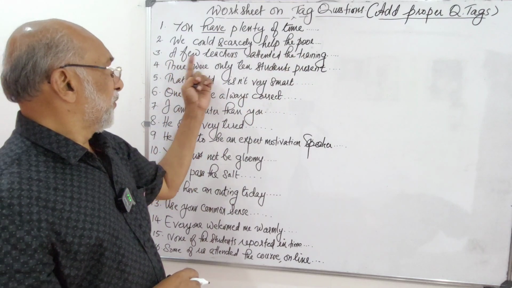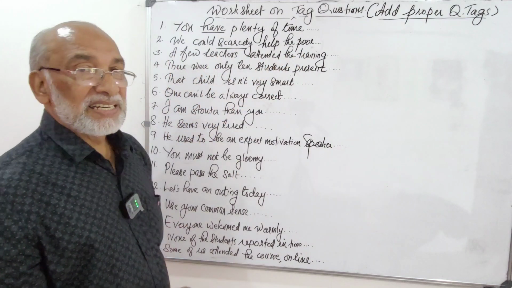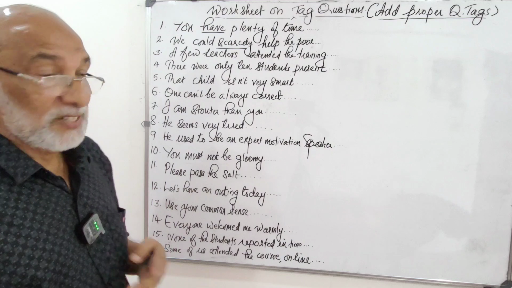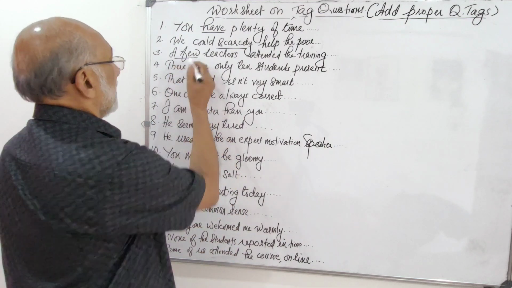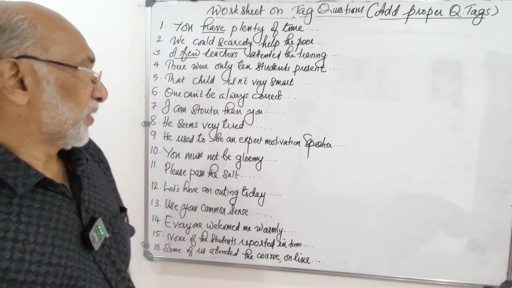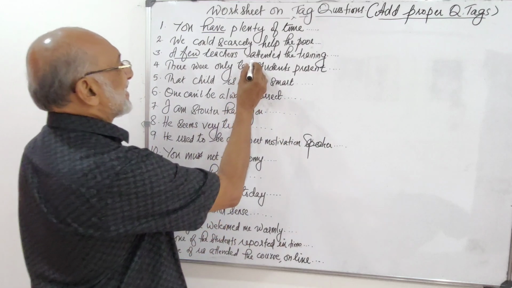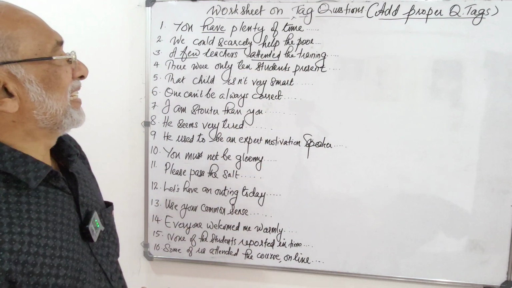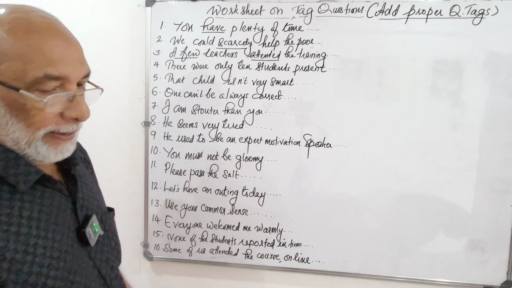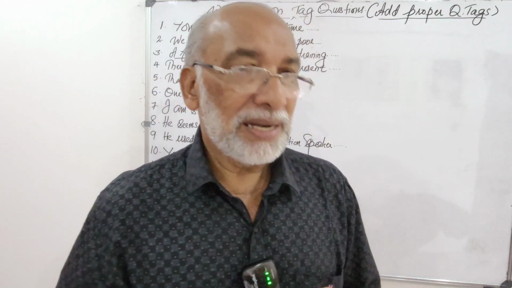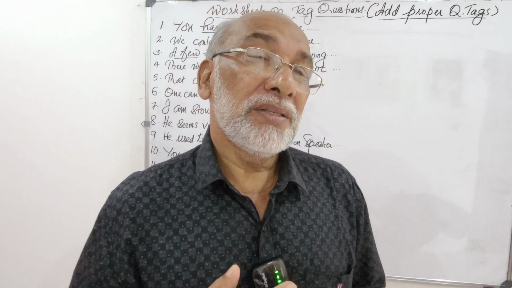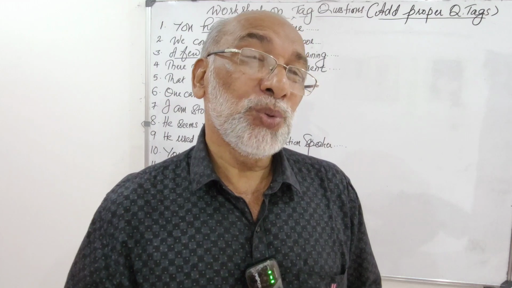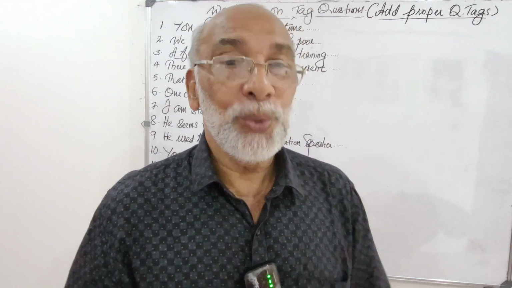Third one, a few teachers attended the training. Few is negative, but a few is positive. Then attended is the verb, so I am giving you certain clues. That is past form. Once again, to recollect, if the form of the verb is do, then you have to use do in the tag.